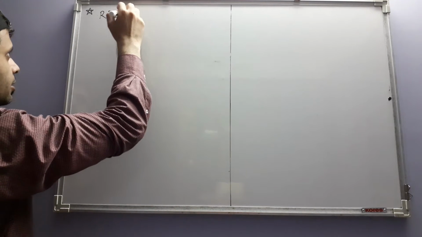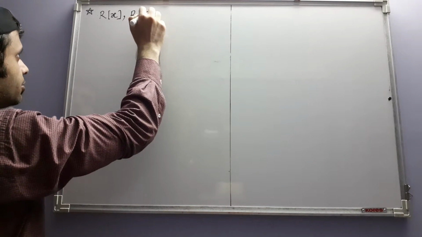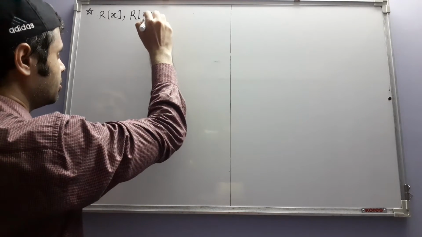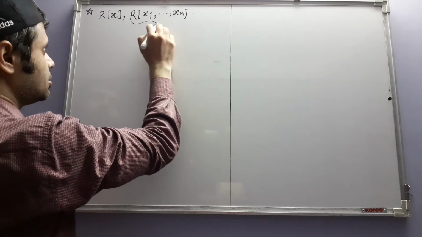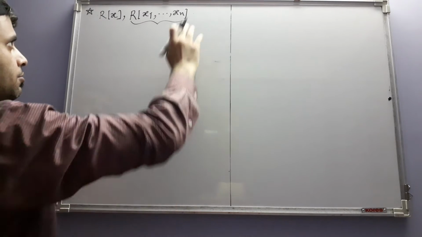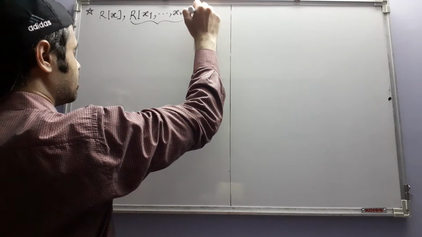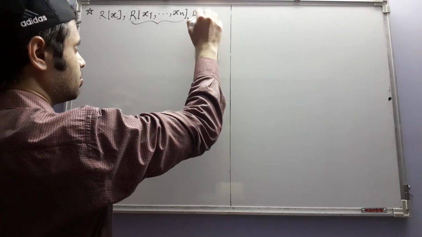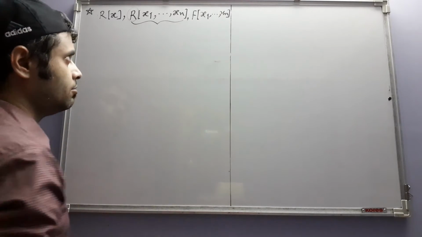And this naturally led to the corollary that if in place of only one variable or one indeterminate, you have any finite number of indeterminates, then this is also an integral domain with unit element. And then once we had that, we can of course consider the special case where in place of R you have a field F, because every field is also an integral domain with unit element.